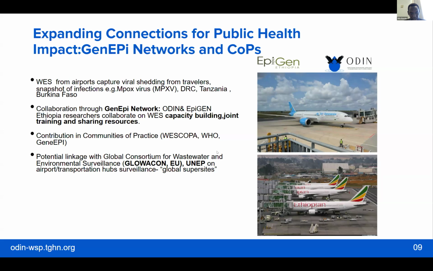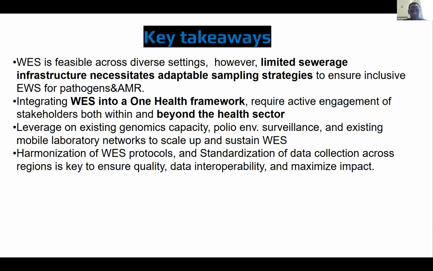And we organized this training together with our partners within the GNEPI network in Ethiopia. They are implementing EpiGen, another EDCTP-funded project, and they were able to send colleagues to participate in our capacity building for wastewater sampling in the airport.